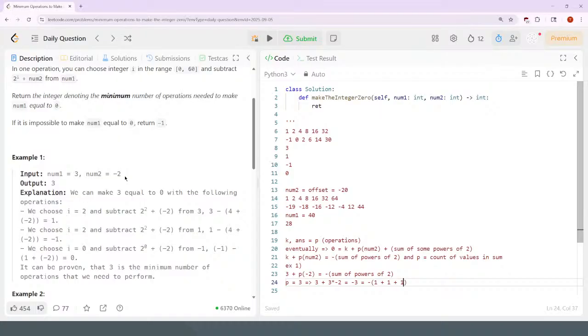If I choose i equals 0, 2 to the 0, I think that's just the opposite sign. It's k minus this.